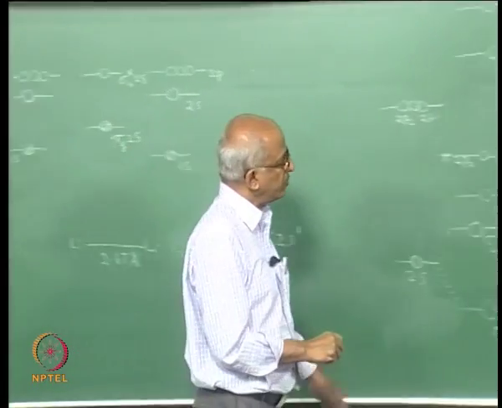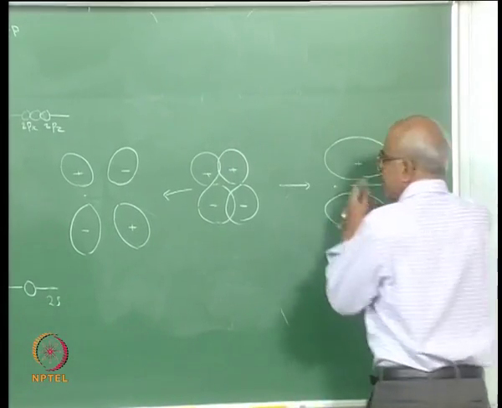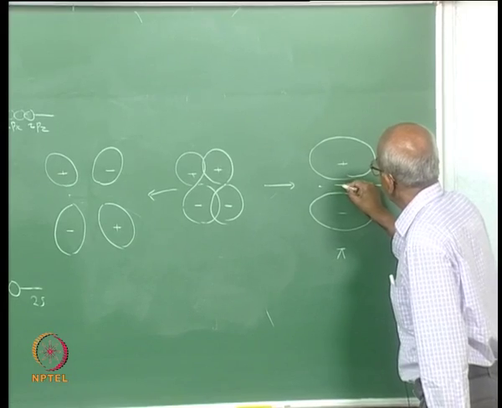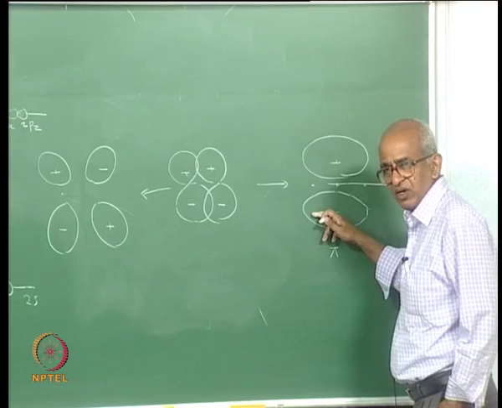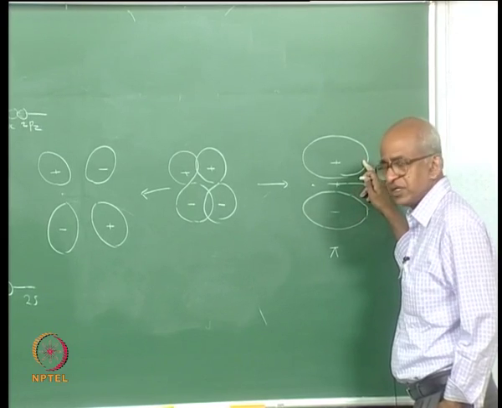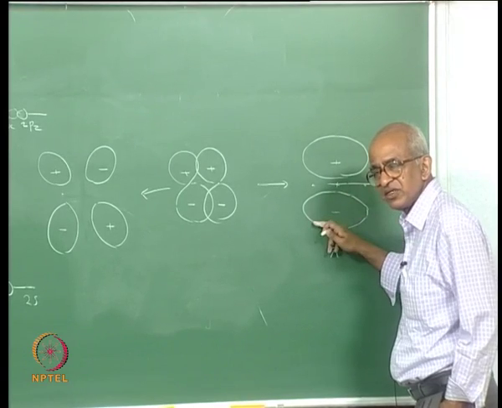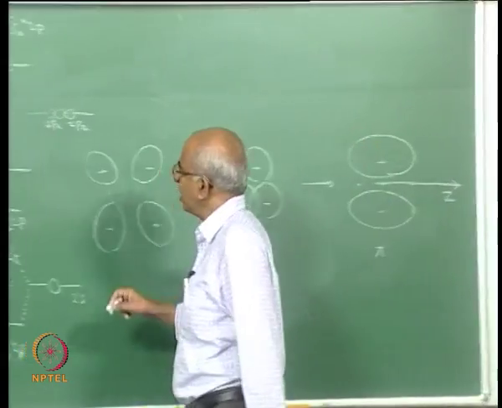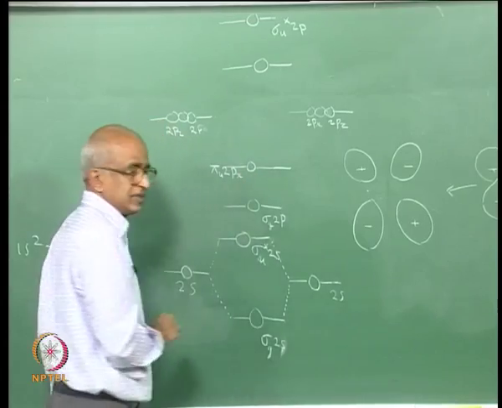And further, suppose you perform the operation of inversion. If you inverted this orbital, remember inversion, how do you do this? You invert it about the center of the molecule. If you perform the operation of inversion, it is obvious that the orbital will change sign, and therefore, this has to be classified as ungerade. And therefore, I will say that this is pi u 2px.